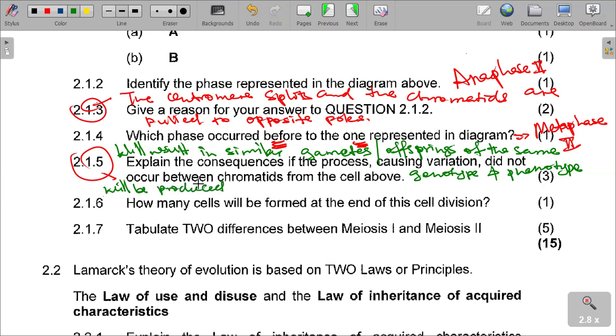And then what happens in that regard is that it will reduce the survival chances of those offspring.